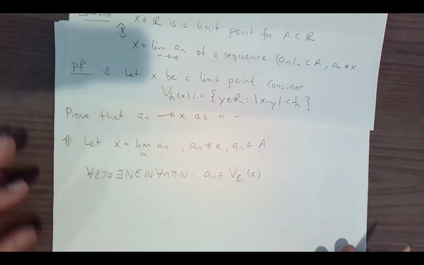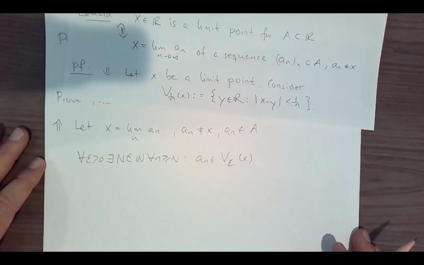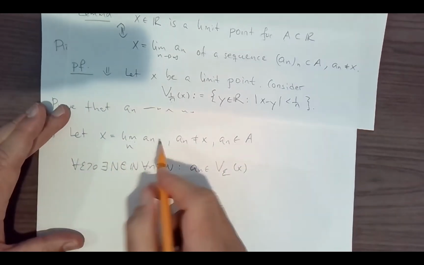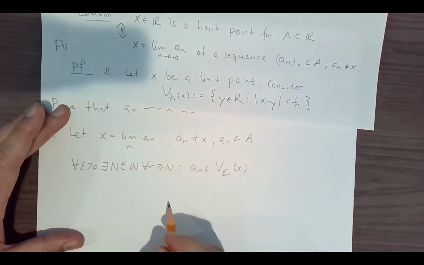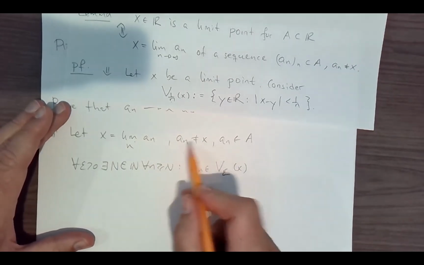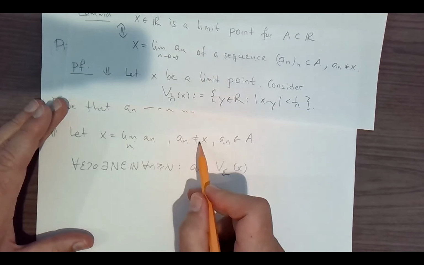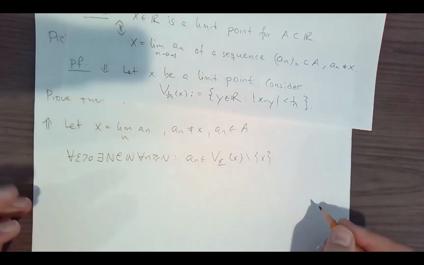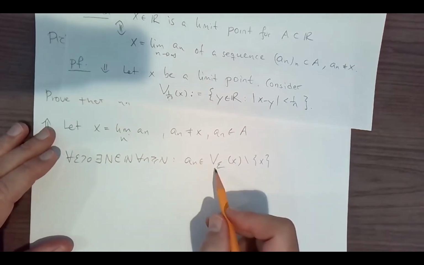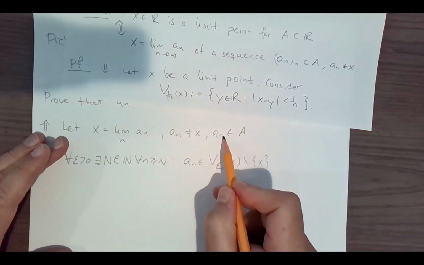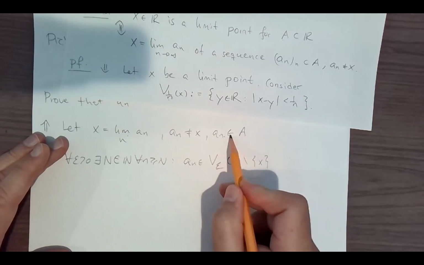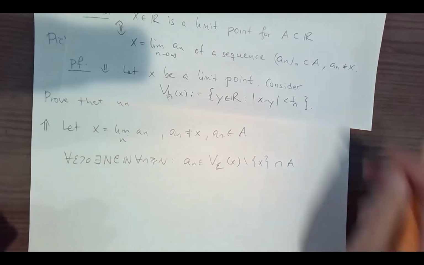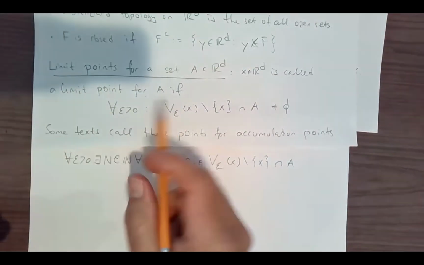It's going to be in any ball around x, because I'm the limit. And clearly an is not equal to x, so it's also going to belong to this punctured ball. So there I have it, right? An belongs to this set, and it belongs to A, so it also belongs to this intersection. And then I'm good, because that's exactly what the definition says.